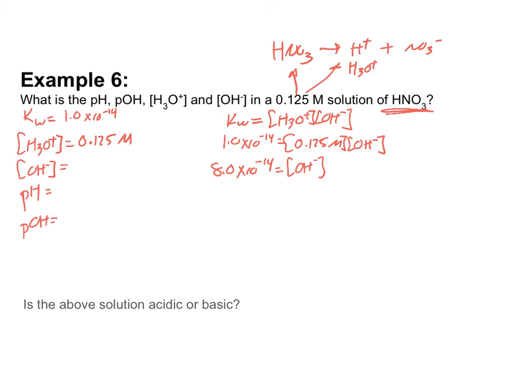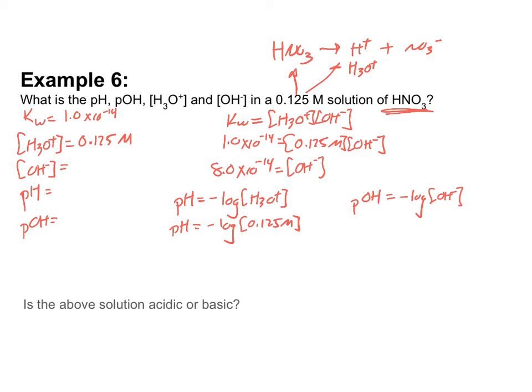From there, I can do one of two things. I can calculate the pH, which is the negative log of H3O plus, so the pH will be the negative log of 0.125 molar. I can also calculate the pOH, which is equal to the negative log of OH minus, the negative log of 8.0 times 10 to the minus 14.